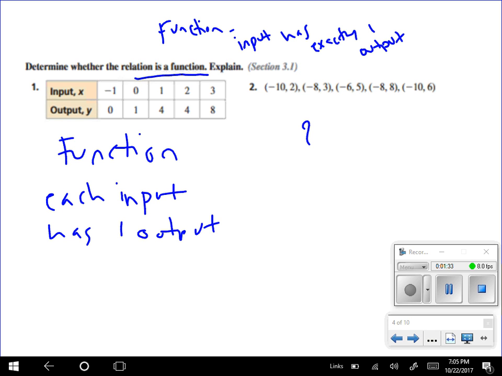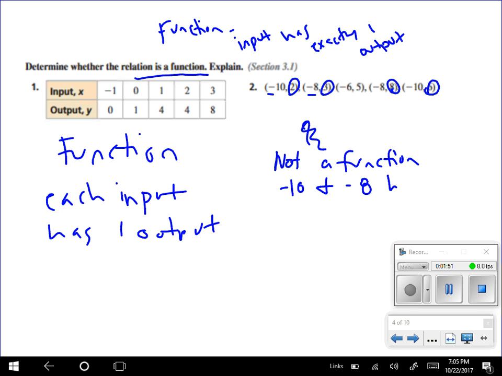In this case, this is not a function because -8 and -10 have more than one output. So this is something you definitely need to know for tomorrow's quiz. What is a function?